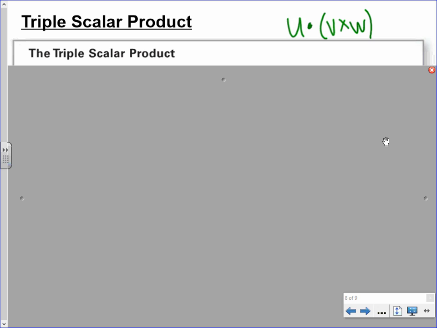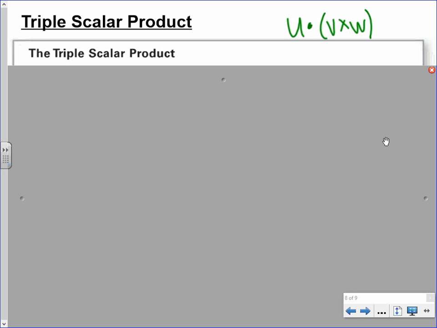Let's talk about U dotted with V cross W. If we have 3 vectors and I wanted you to find U dot V cross W, you would have to do the cross product. We know how much work that is. You get a vector. Then you can take the dot product between what you got and U. It's like a 2-step process, right? What if I told you it could be a 1-step process? You'd be excited, right?